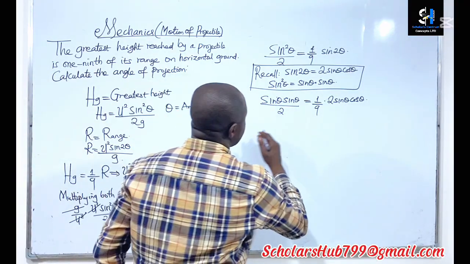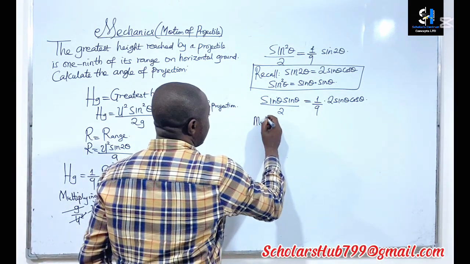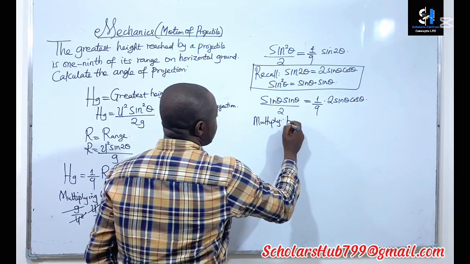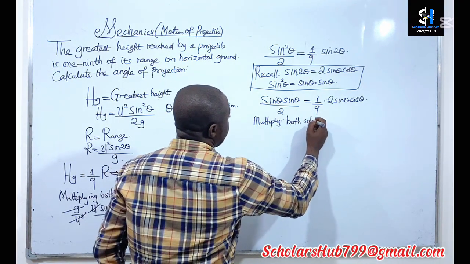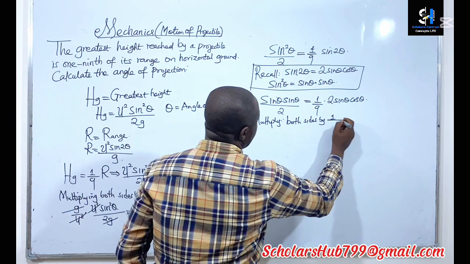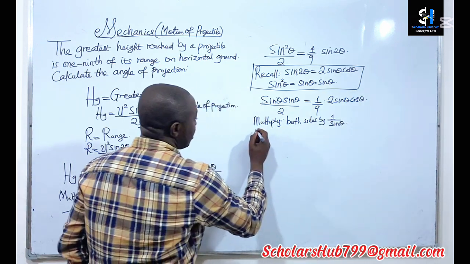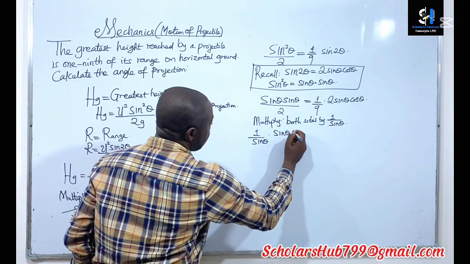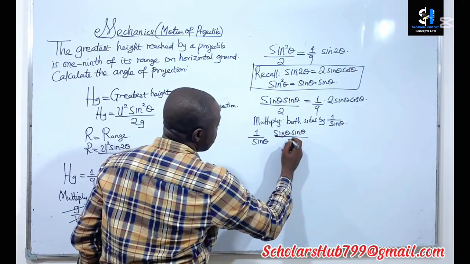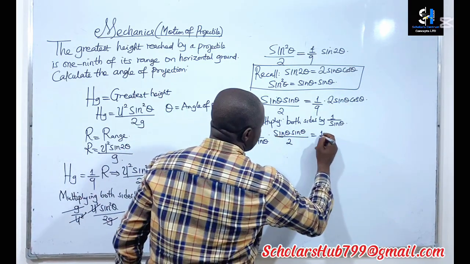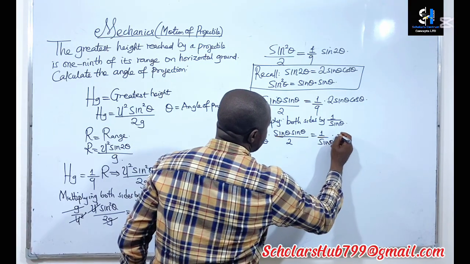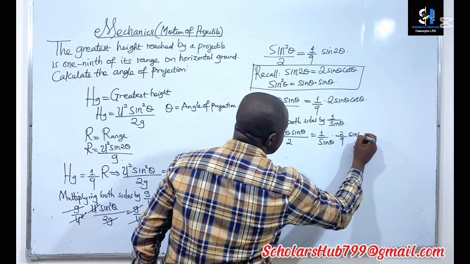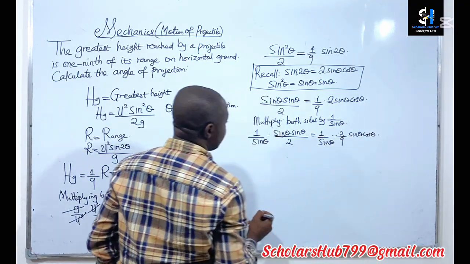If we multiply both sides by 1/sin theta, this will be 1/sin theta multiplied by sin theta multiplied by sin theta over 2 equals 1/sin theta times 2/8 sin theta multiplied by cos theta.